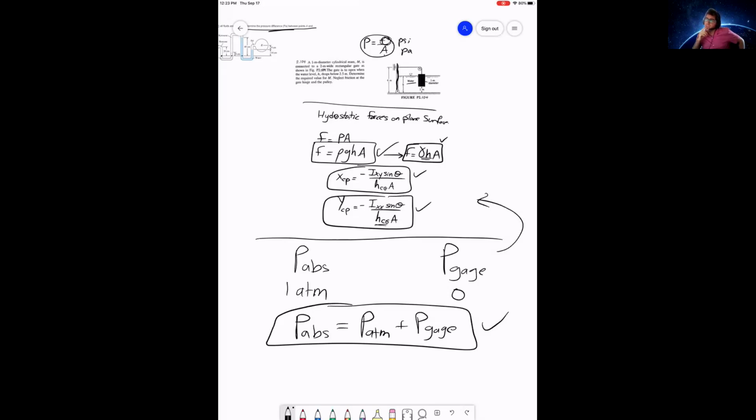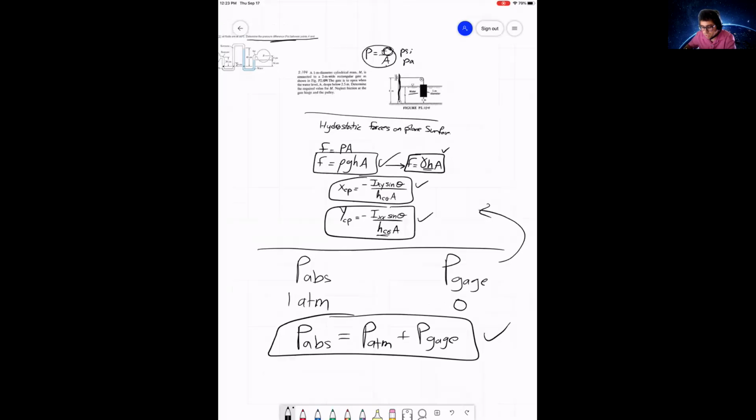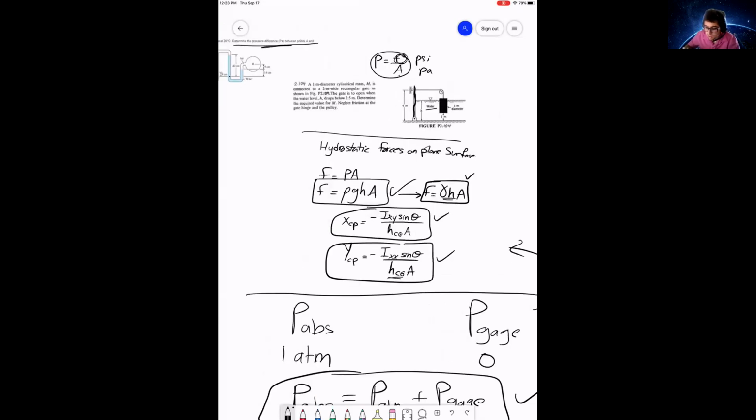The problem will tell you specifically to calculate. Let's see this problem. This problem is not mentioning anything about gauge pressure or absolute pressure. I'm reading the problem statement and nothing is mentioned. So I always assume it's gauge pressure, because really we're interested in gauge pressure all the time.